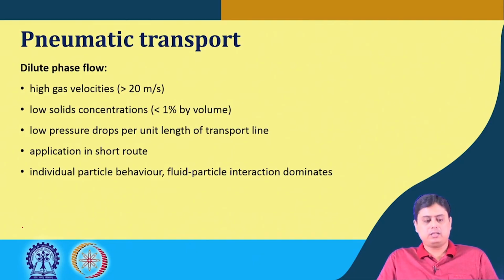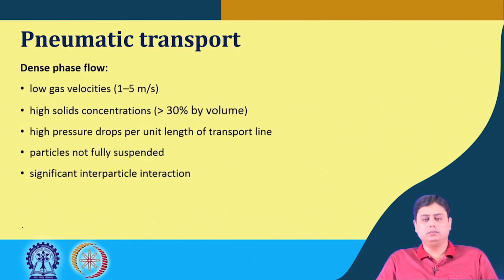In contrast, dense phase flow can be immediately recognized by low gas velocities in the range of 1 to 5 meter per second, high solids concentration, say more than 30% by volume, and high pressure drop per unit length of the transport line.